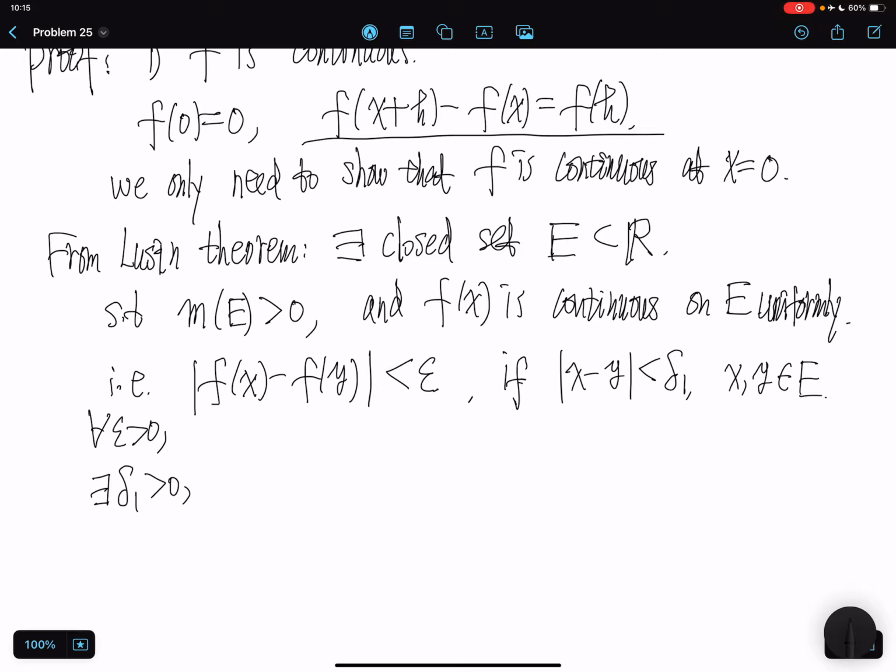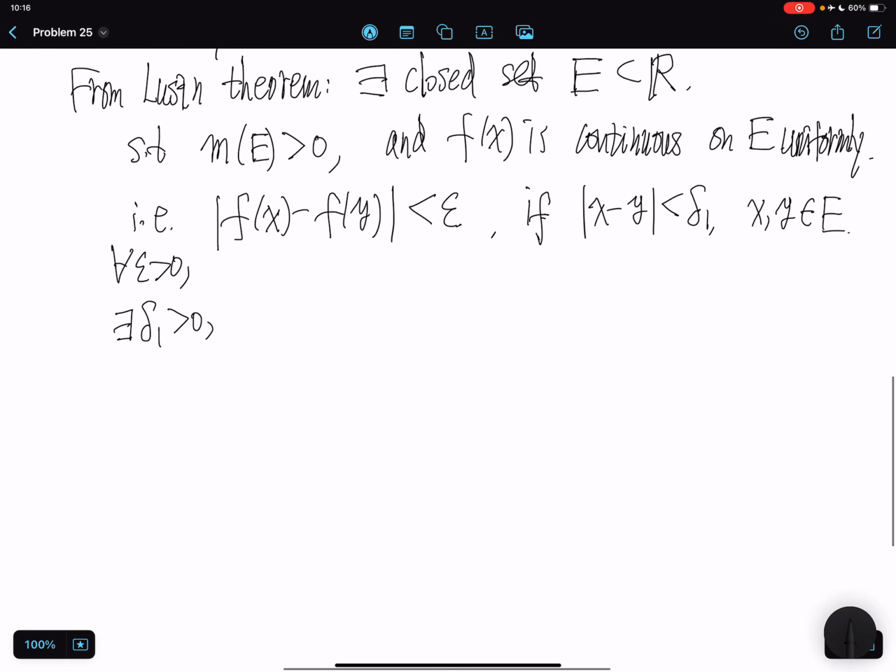So for any epsilon greater than 0, we have delta 1 greater than 0, and that means f of x is uniformly continuous on E, right? So now we know this E has a measure greater than 0.